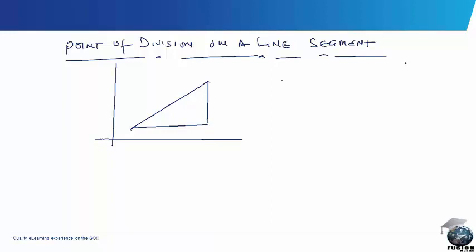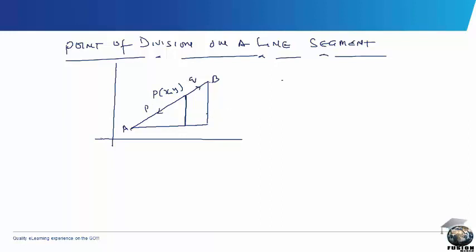For instance, we have a coordinate P of x and y, where we still have points A and B. We wish to divide the line parallel to x into a defined proportion, say P and Q, so that here becomes P and here becomes Q.